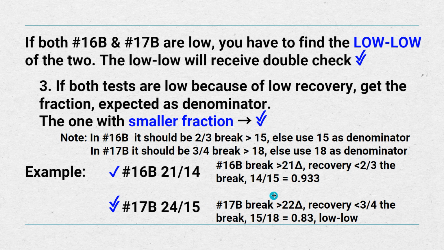So for the 16b, the given 14 is your numerator. And where does the 15 come from? Okay, we use the note here. Because 2/3 of 21, if you compute it, 21 times 2 divided by 3, becomes 14. The note says number 16b should be 2/3 the break if the break is more than 15.